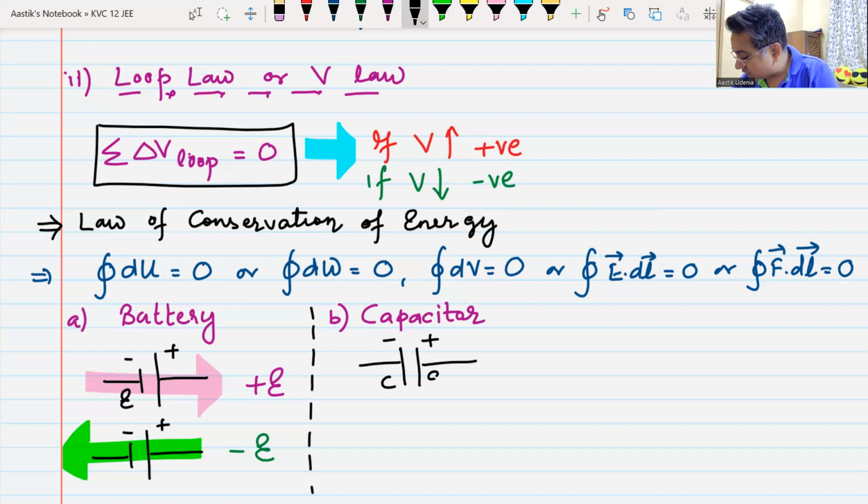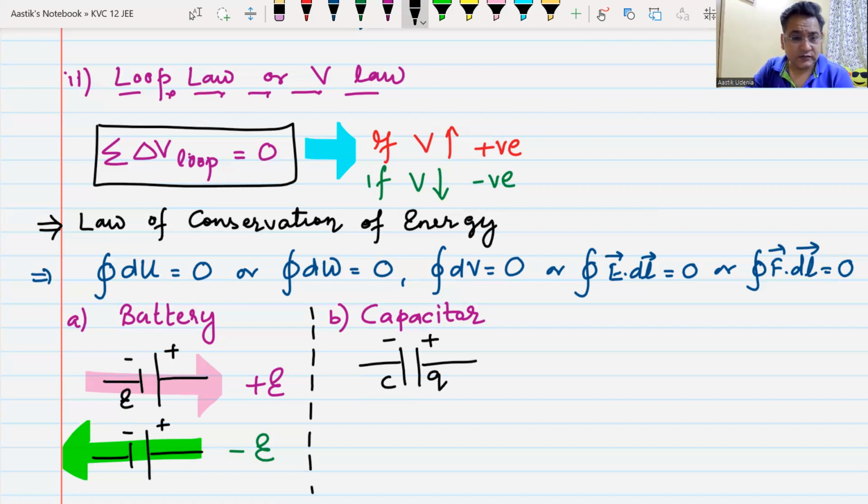The capacitance of the capacitor is C and the charge on the capacitor is Q. When are you going to take the potential positive and when are you going to take the potential negative? Any idea? Everyone is chilling out. No idea.